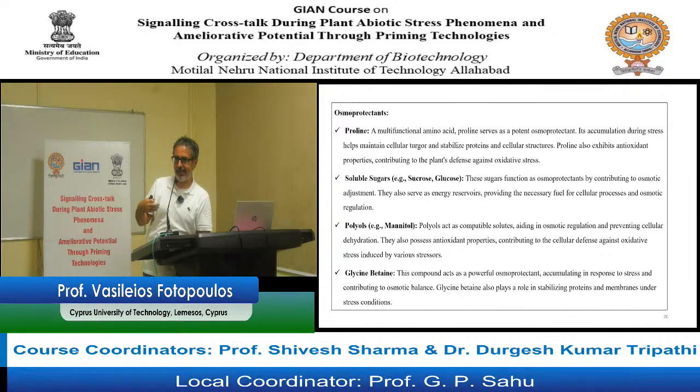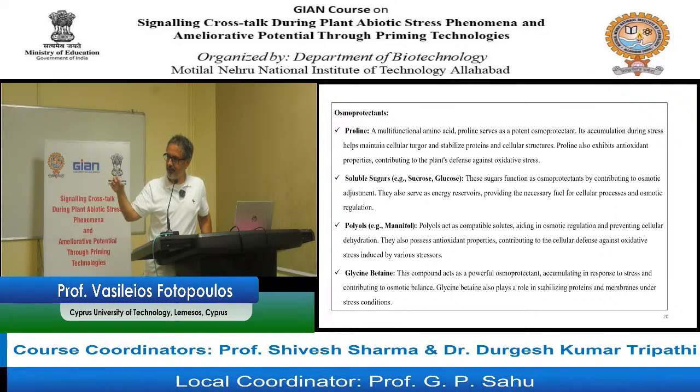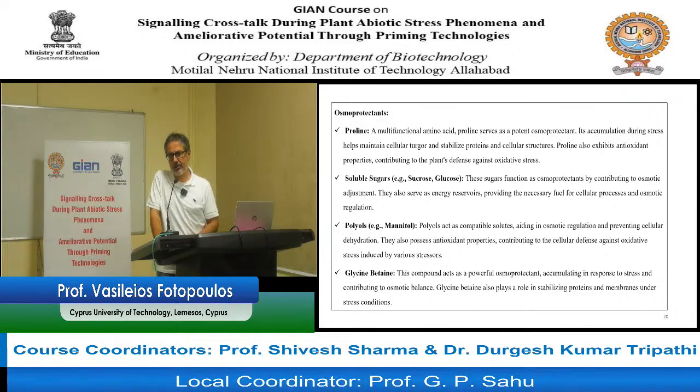So in terms of successful priming approaches, usually the best priming approaches with GB are done towards cold and freezing stress tolerance. Okay? And actually, now we're considering functionalization of nanomaterials with glycine betaine to have better delivery of GB for improved cold protection in a project we're running in Cyprus on cold stress priming of potatoes.